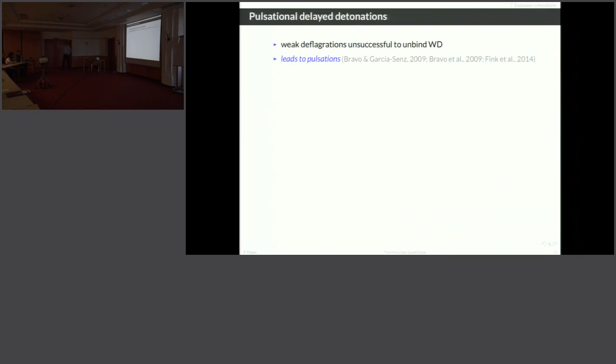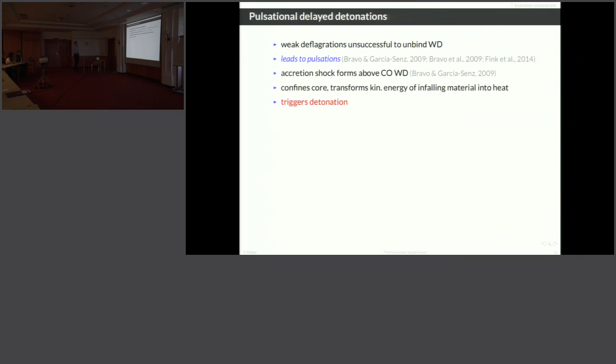A last variant that I want to mention here for the delayed detonation scenario is the pulsational delayed detonation. Here again one starts out from weak deflagrations that are unsuccessful in unbinding the white dwarf. This leads to pulsations of the white dwarf that are actually observed in many simulations of various groups. Now the claim is that an accretion shock in the contraction phase of the pulsation forms above the carbon-oxygen white dwarf.